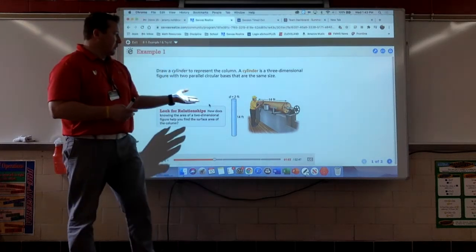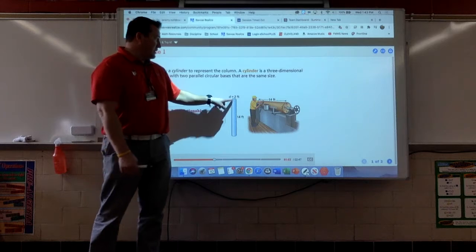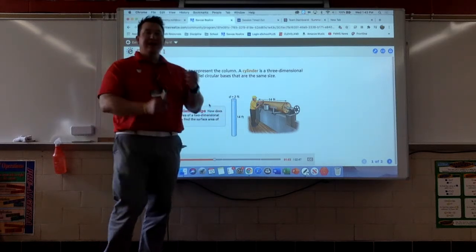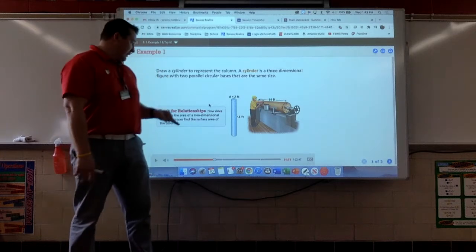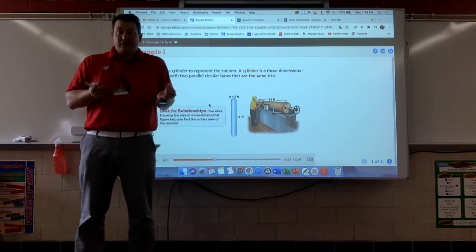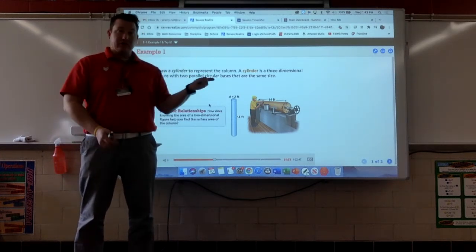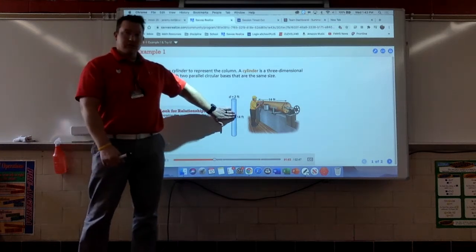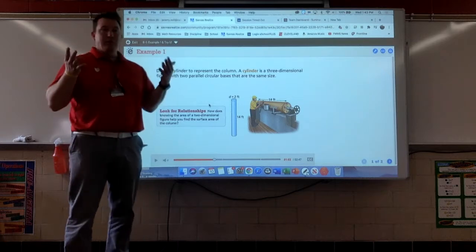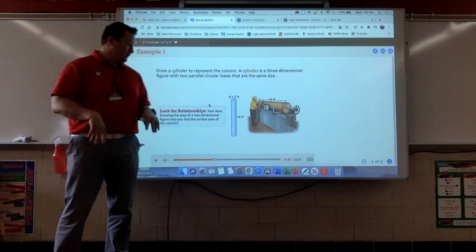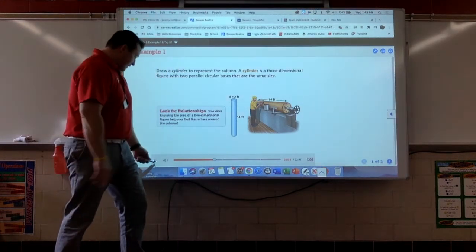So we have to come up with the nets for each one of these, which in this case happens to be a circle and a rectangle. All we're really trying to do is find the area of the circle and the rectangle from this cylinder. Then we're going to add those two amounts together. That will be its surface area. All right, so let's see what they do.